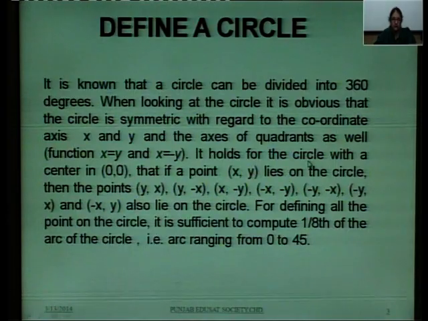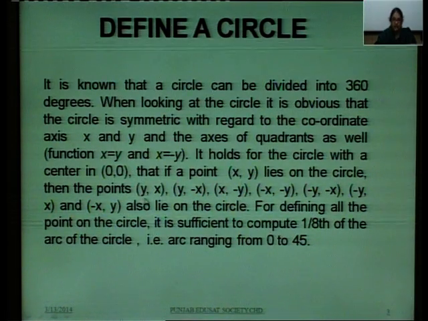It holds for the circle with a center at 0,0 that if a point (x, y) lies on the circle, then the other points like (y, x), (y, -x), (x, -y), (-x, -y), (-y, -x), (-y, x) and (-x, y) will also be lying on the circle.